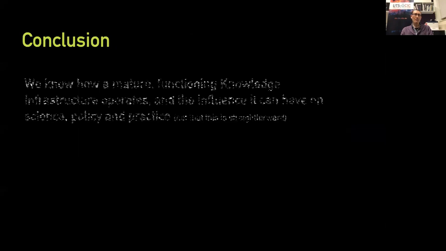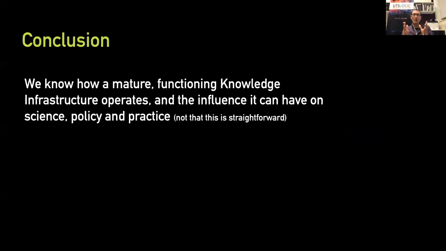So to wrap up, we know what a functioning knowledge infrastructure looks like now. We know the influence that it can have on science and policy and practice. We know that's not straightforward and it can be controversial, but there are ways of managing that.